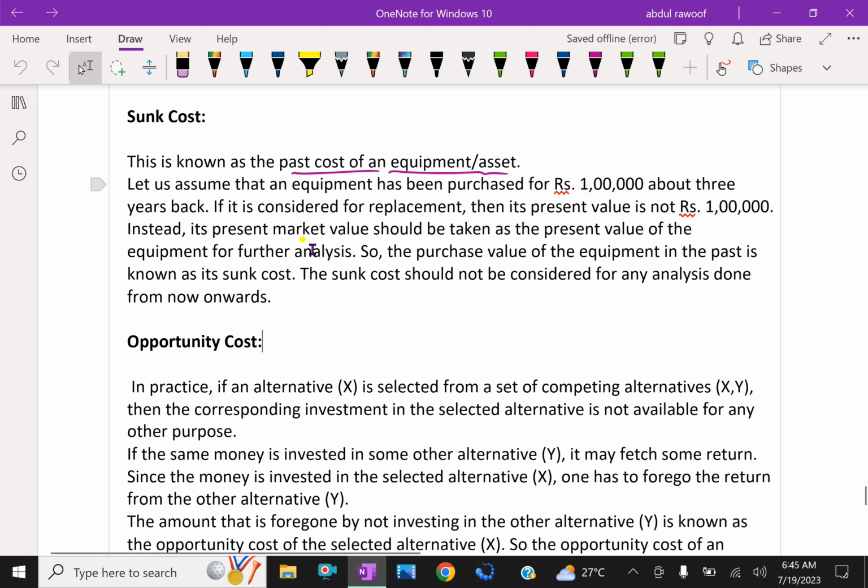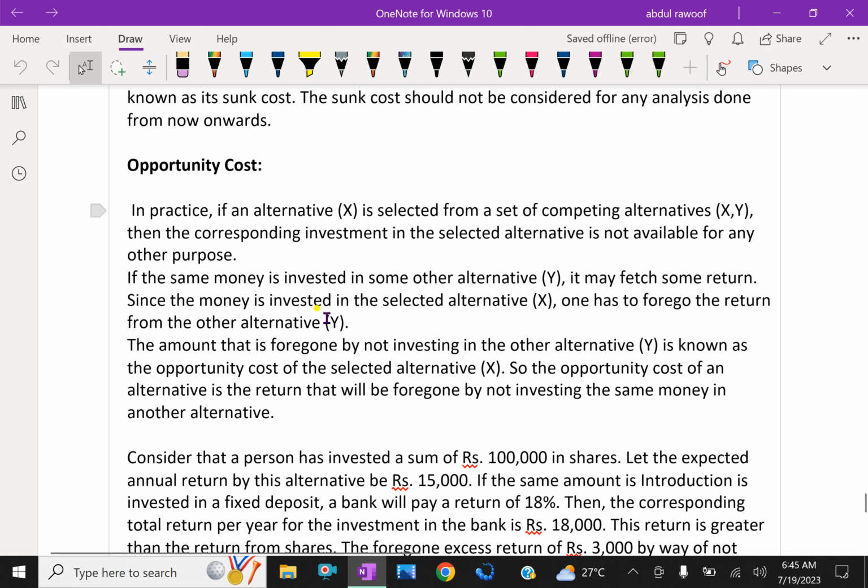Instead, its present market value should be taken as the present value of the equipment for further analysis. So the purchase value of the equipment in the past is known as its sunk cost. The sunk cost should not be considered for any analysis done from now onwards.